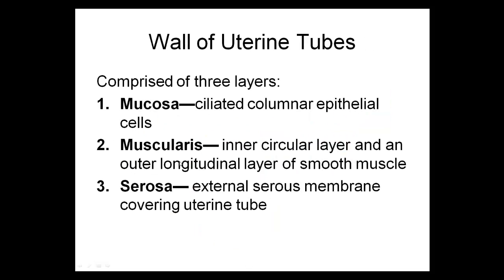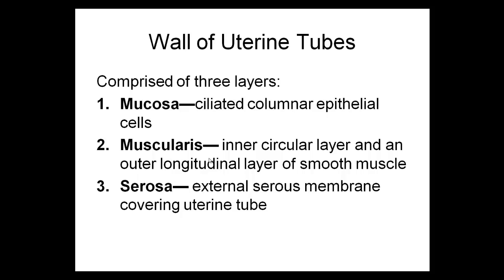Okay. All right. The walls of the uterine tube: on the inside, we're going to have the mucosa, and that will have, like I said earlier, ciliated columnar epithelium. Then we're going to have the muscularis. It beats up and causes some peristalsis movement, and the peristalsis movement will help in the movement of the egg towards the uterus.